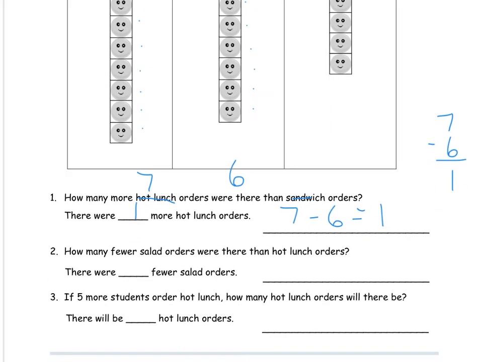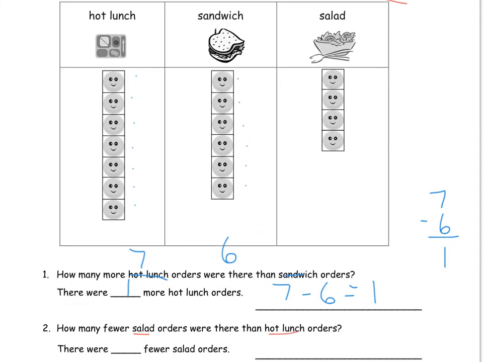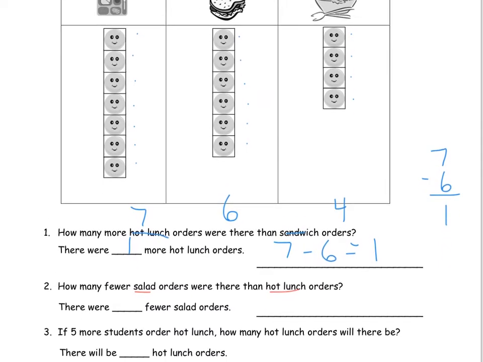If we look at number 2, how many fewer salad orders were there than hot lunch? So I'm looking for salad, hot lunch. I go up here, and now I'm going to count my salads. 1, 2, 3, 4. So I'm looking at hot lunch and salad, 7 and 4.